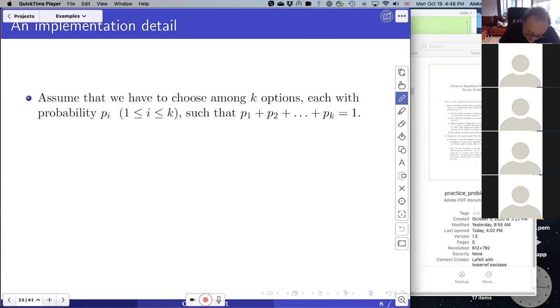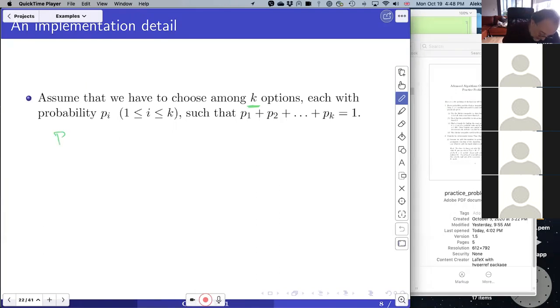Assume that you have k options, for example, k edges, and all these edges have weights, and you want the probability to pick an edge to be proportional to the weight of this edge.